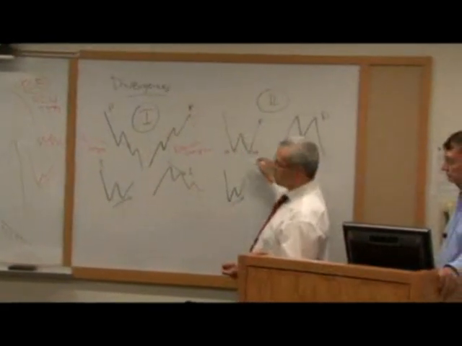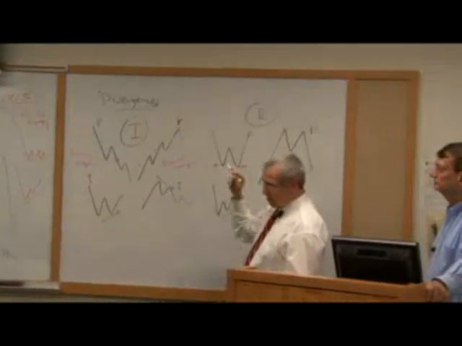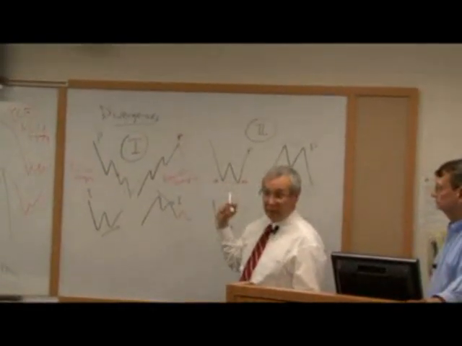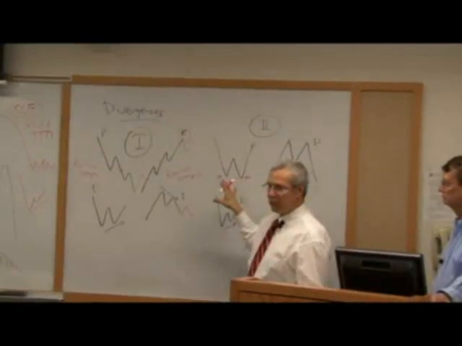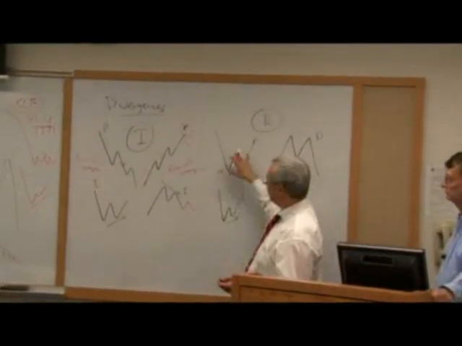It took more days to travel that distance. The ranges were smaller. The volume was less, whatever indicator we want to use. But we have a relatively equal low in price, but a higher low in the indicator. It was harder to push down.